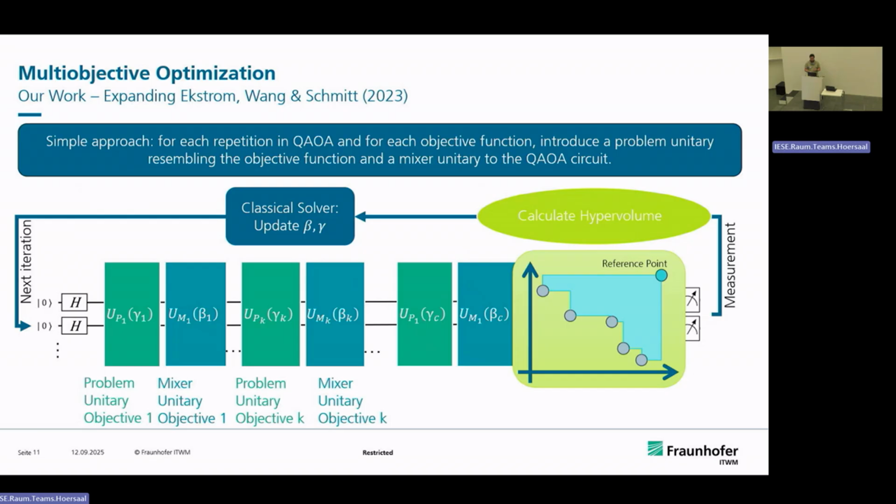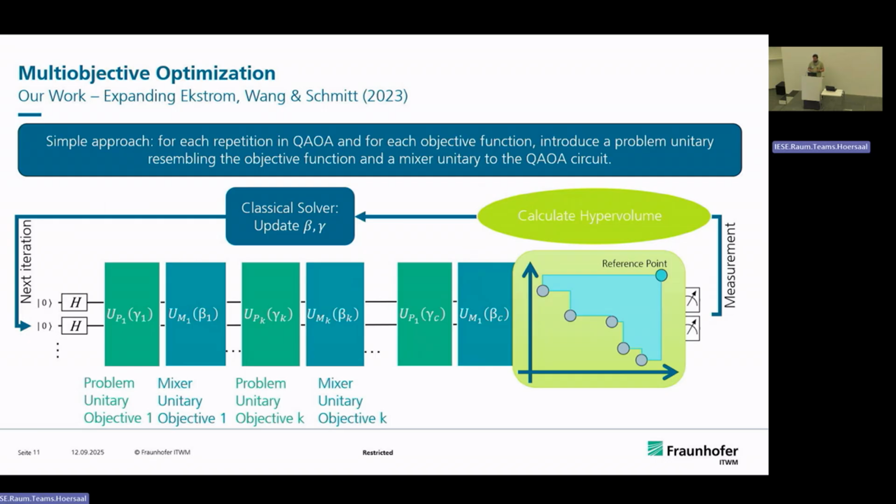For example, given a reference point over here, and you have your non-dominated images around here, you calculate the hypervolume of this blue area, and of course this blue area increases once you get closer to the actual real Pareto front. So this is a measure. If this is increased, then you also have a closer approximation, and you take this for the classical solver as the objective function.